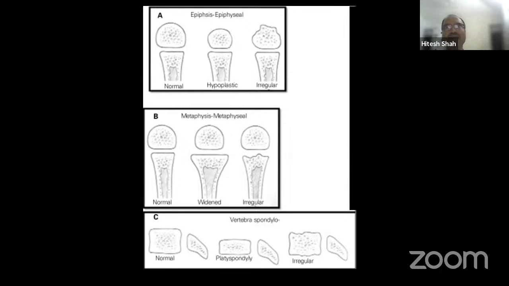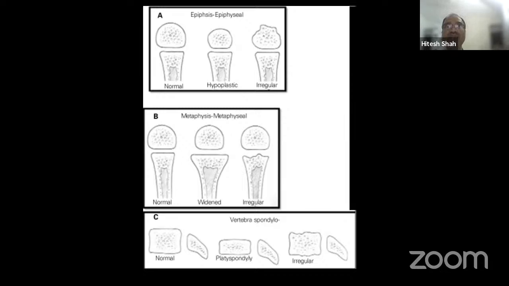The Schmid type of metaphyseal dysplasia would present exactly like rickets, with widened and irregular metaphysis, but in Schmid dysplasia it would be sclerosing, while in active and nutritional rickets it would not be sclerosis. Though hypophosphatasia would look exactly like Schmid, we need to differentiate with the metabolic markers.